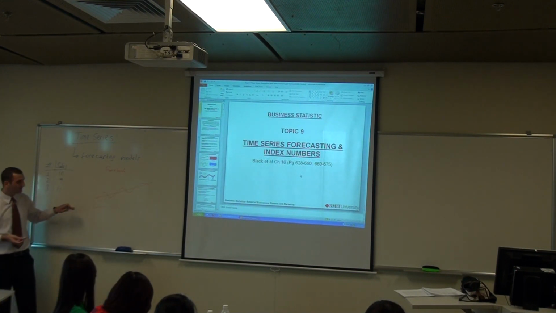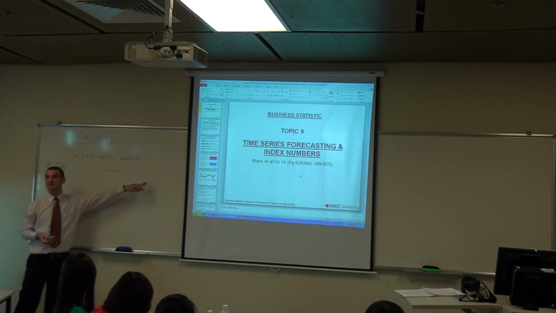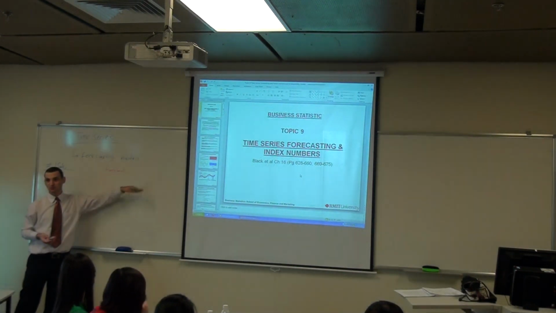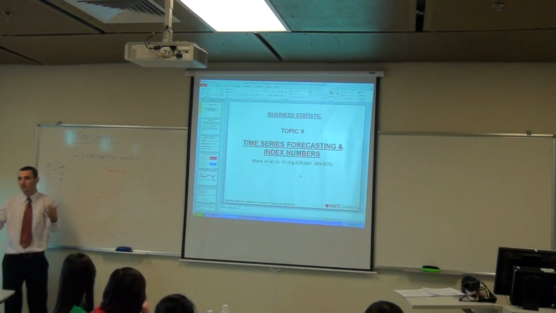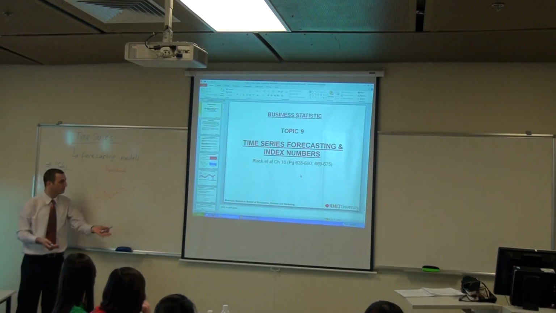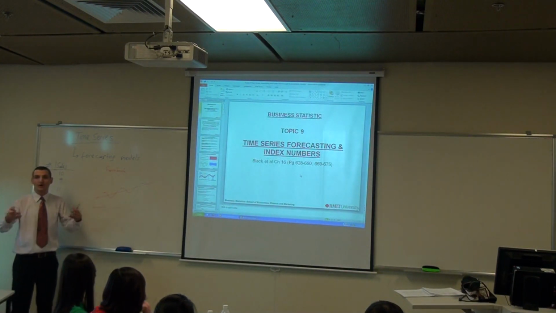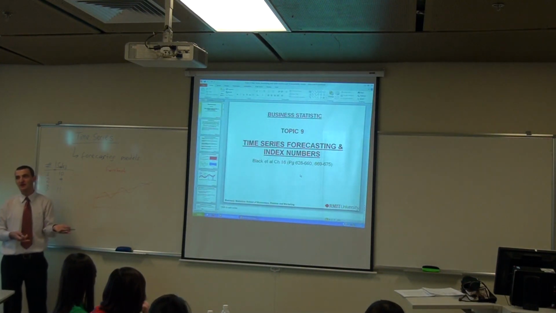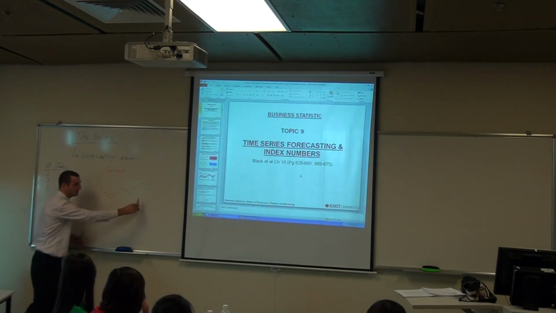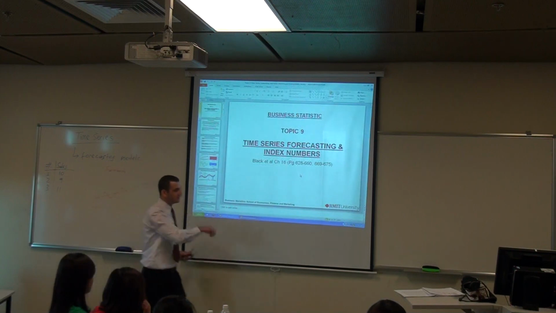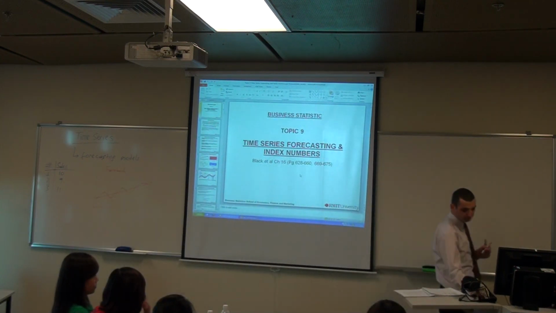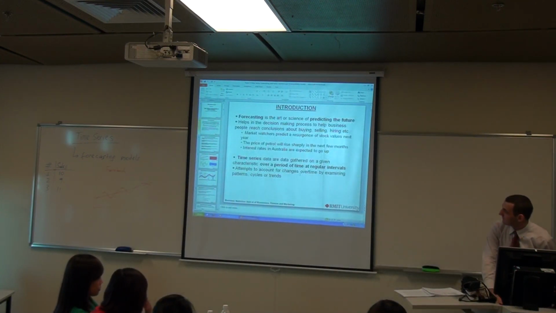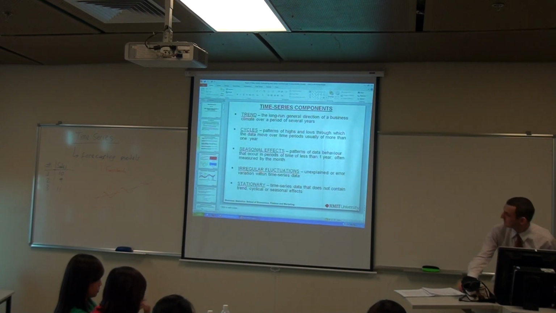Your sales are constantly increasing because you advertise, because you have more customers, because you have more employees, because you are more widely known by the people in Vietnam, right? So there is a kind of year by year increase. So you can see it now, what we call them one by one. That's what time series is.